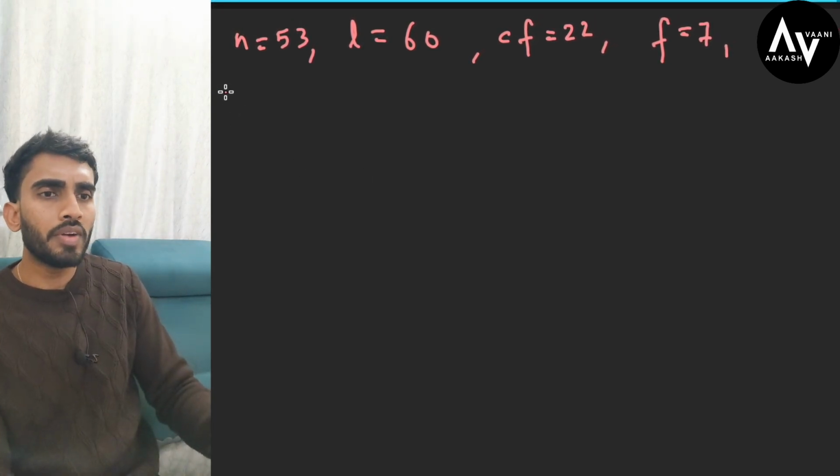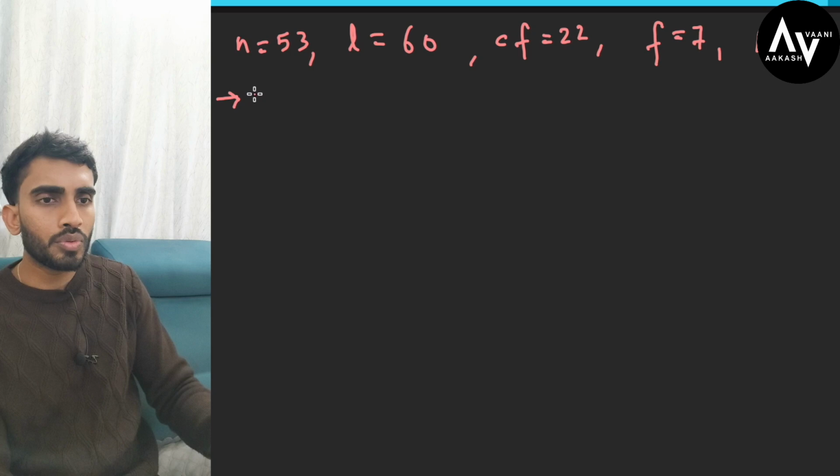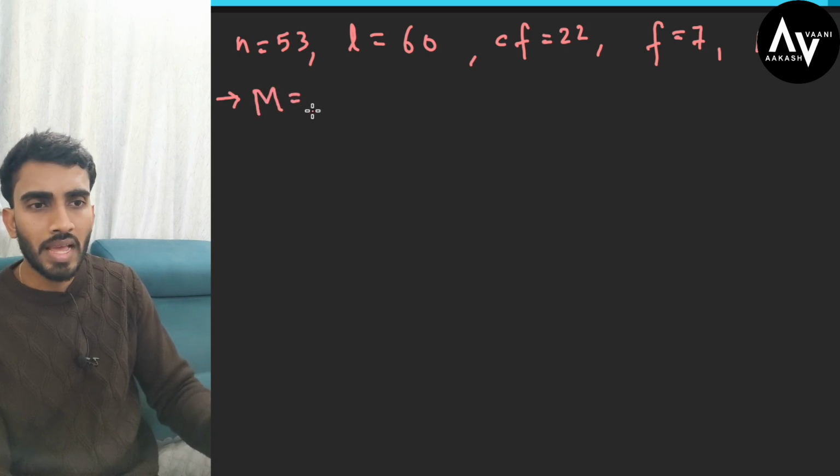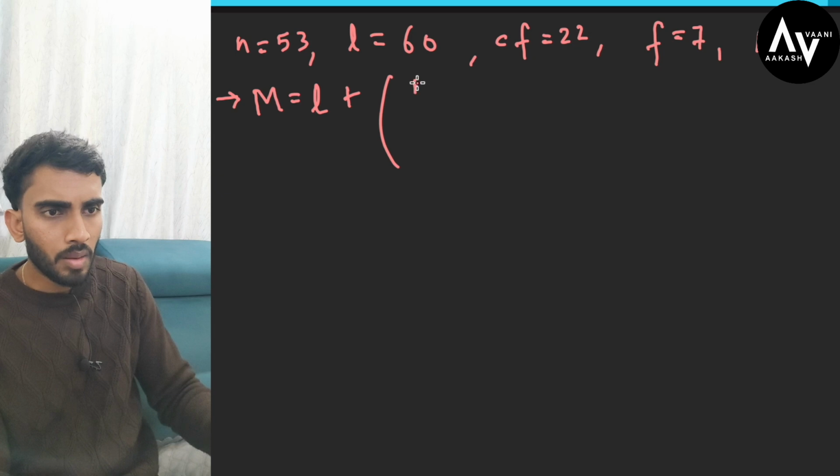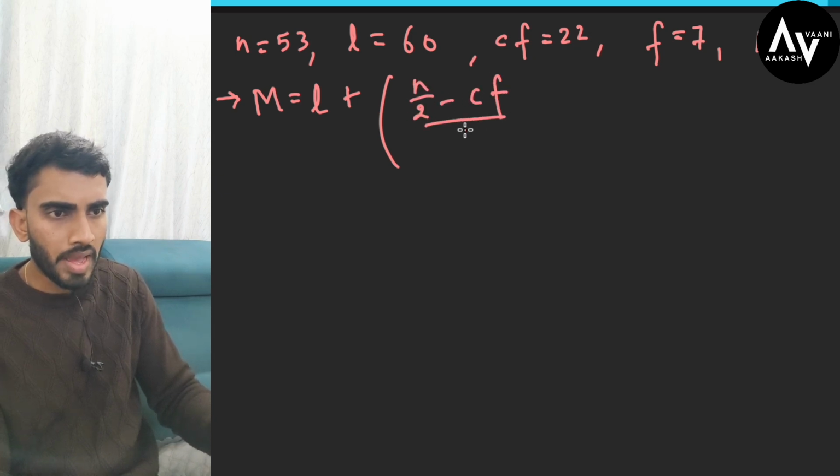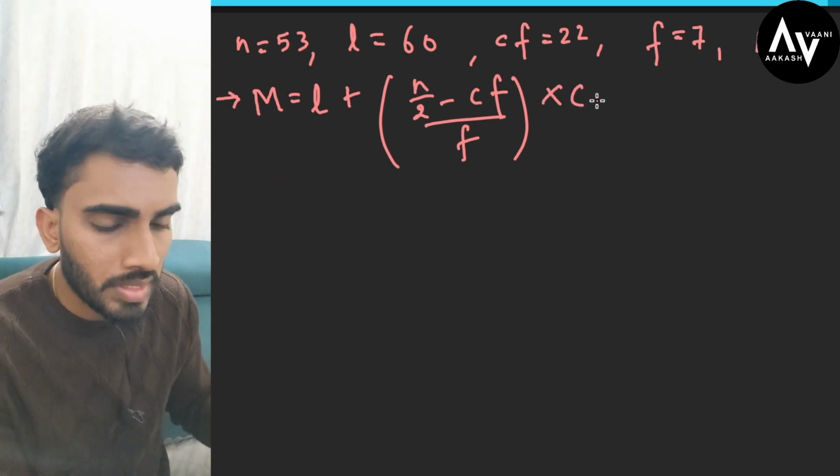Now we need to find the median here, right? So the formula to find the median is L plus n upon 2 minus CF upon F into C, or you can say h.